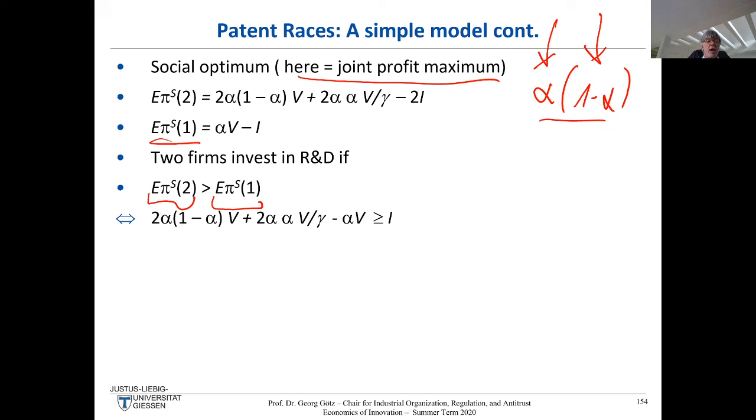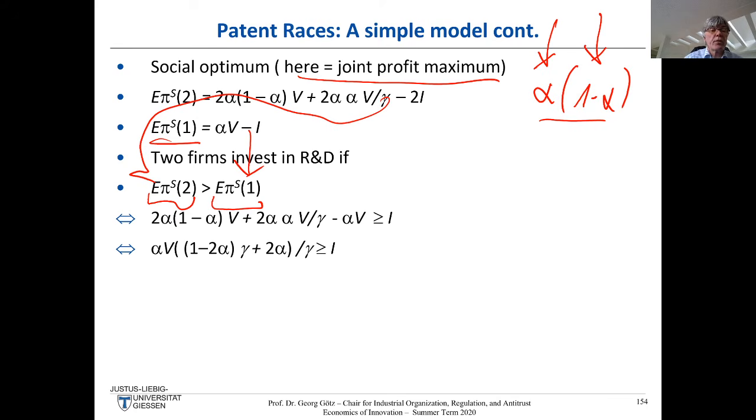And this just is if we substitute these two expressions here. That's what you get here. If you simplify that, just believe it and check it. And you will calculate it anyway in the tutorial class.